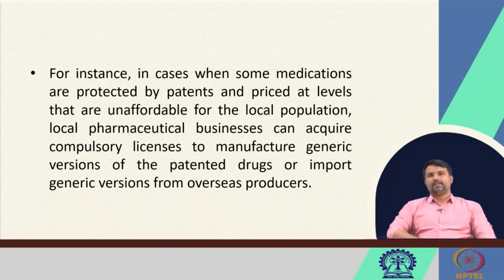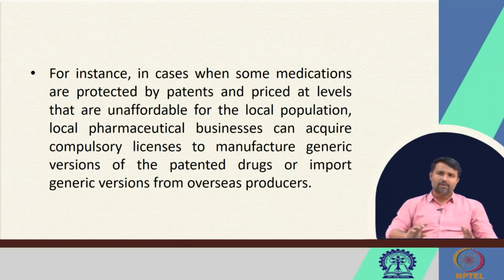For instance, in cases where some medications are protected by patent and priced at levels that are not affordable for the local population, local pharmaceutical businesses can acquire a compulsory license to manufacture the generic version of the patented drug or import generic versions from overseas producers.